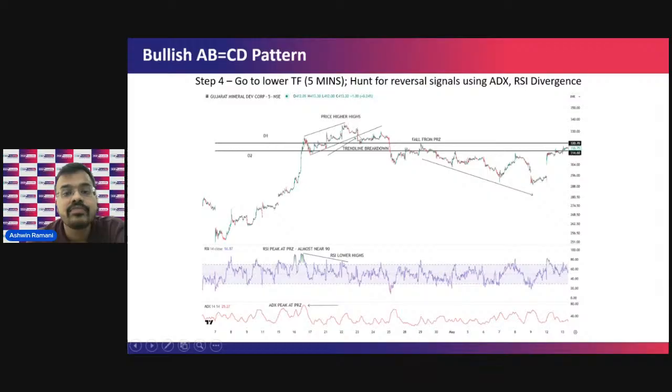So when it reversed from 340 and it came to 320, that is when we got a confirmation saying, okay, there is a bearish divergence and chances are that the price can fall from this level here. So you wouldn't have technically entered on 16, you would have entered at the trend line breakdown, that is on the 23rd of April. Clear, guys? All good?